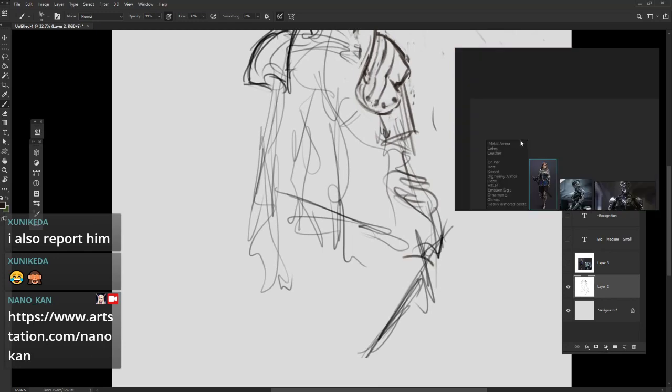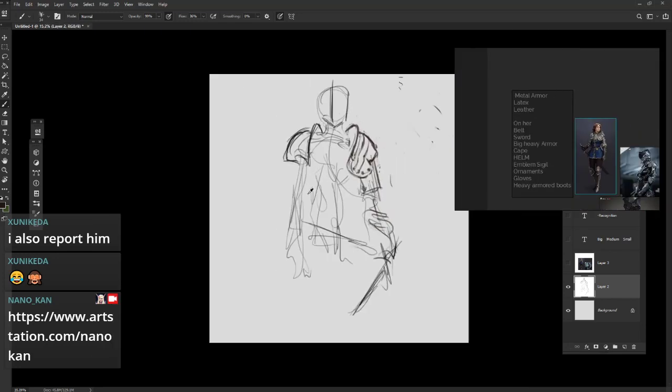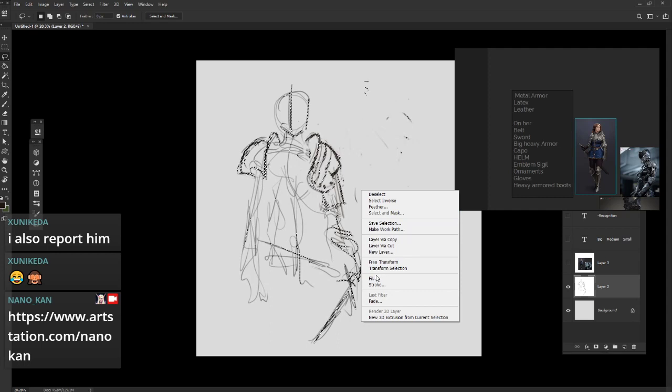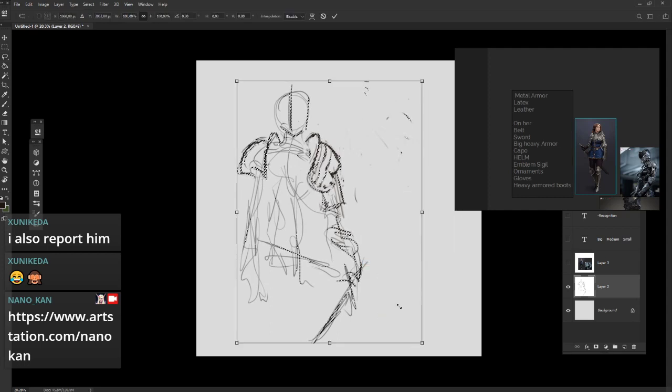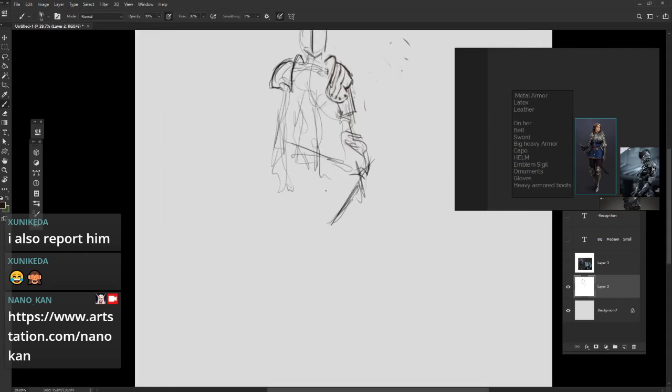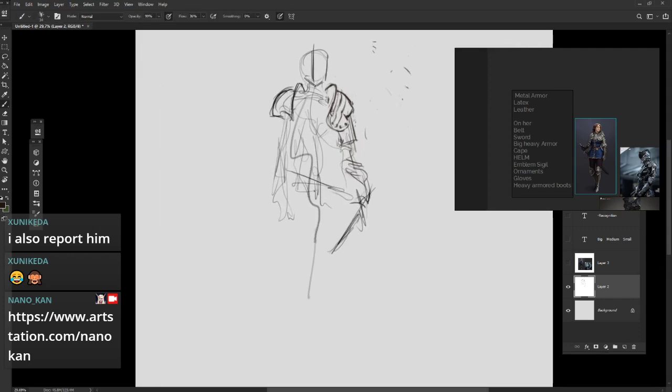Oh, what do I want to do? Okay, emblem, sigil, and so on. Let me do it way smaller, because I want it as loose as possible. I don't need a direction, I just need the anatomy part of it.